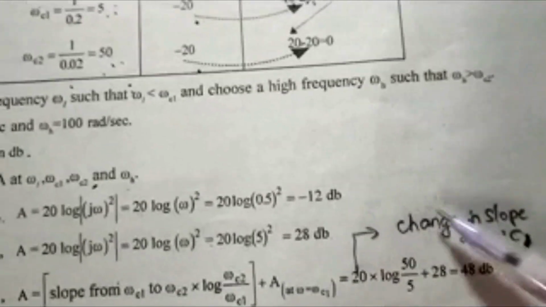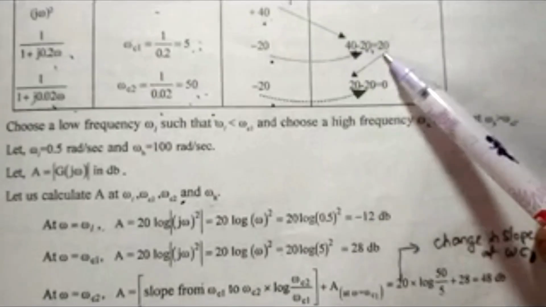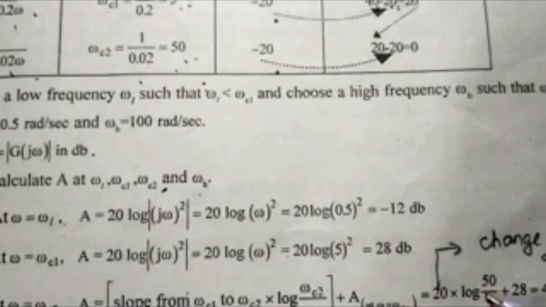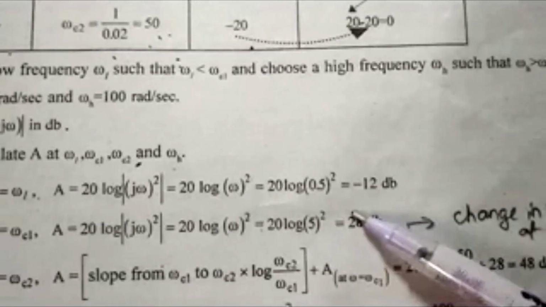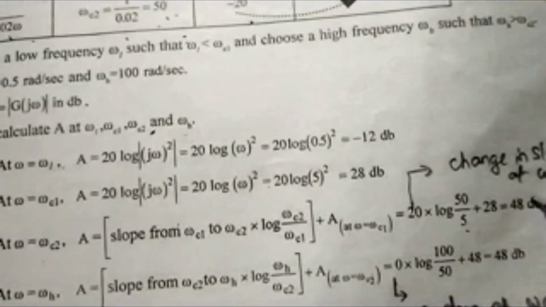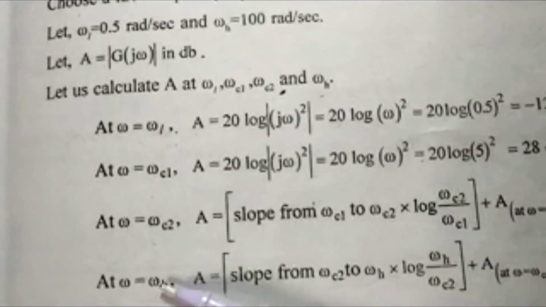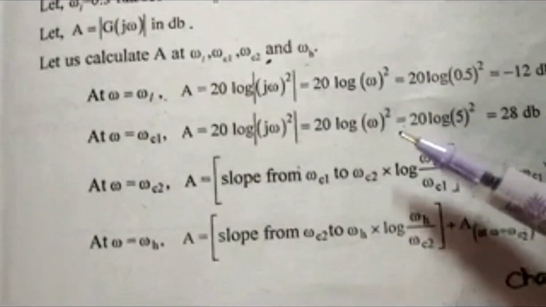So here all the values are substituted. At C1, what is the change in slope? 20. 20 into log C2 by C1 plus the magnitude at C1, which is 28. The value is calculated.